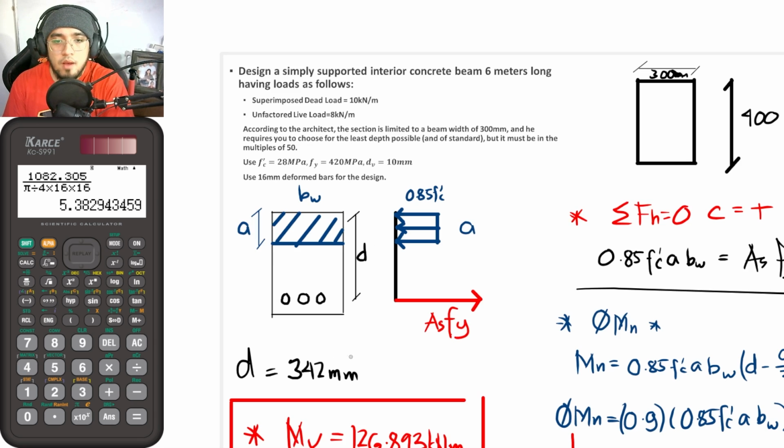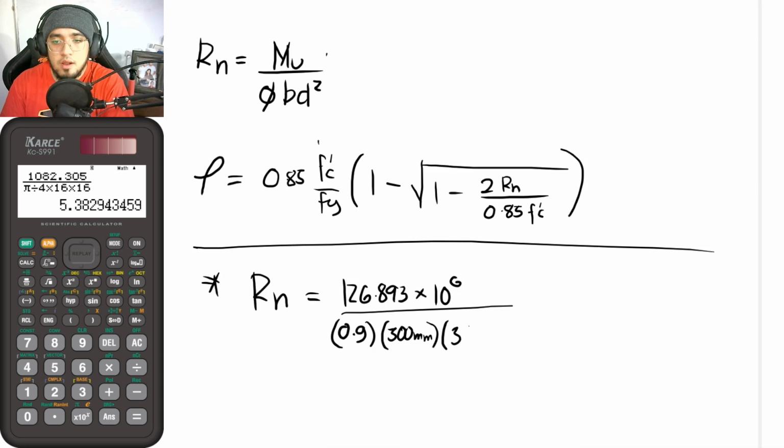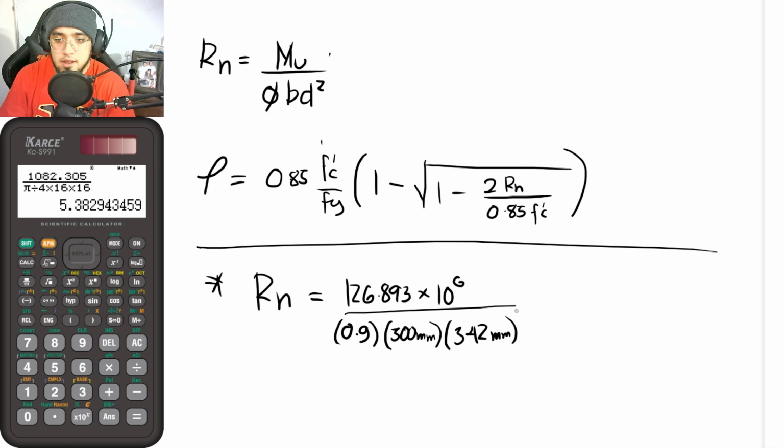The depth that we solved for in the last video is 342 mm, quantity squared. Using our calculator, our coefficient of resisting moment is equal to 126.893 times 10 raised to 6 divided by 0.9 times 300 times 342 quantity squared.